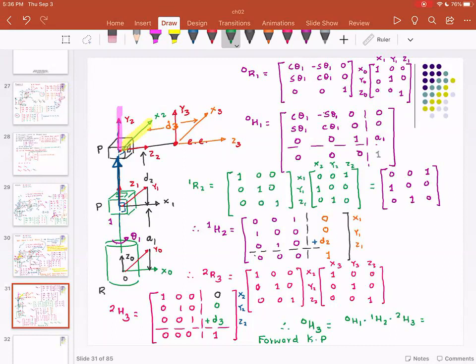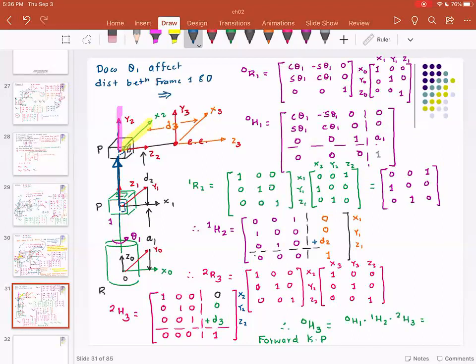So the question here is, does theta 1 affect the distance between frame 1 and frame 2? And this is a good question. I just need to write this down. Does theta 1 affect distance between frame 1 and 0?